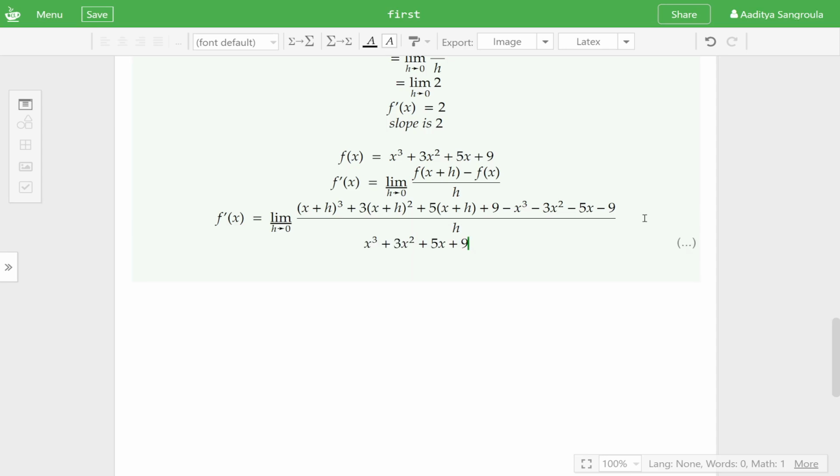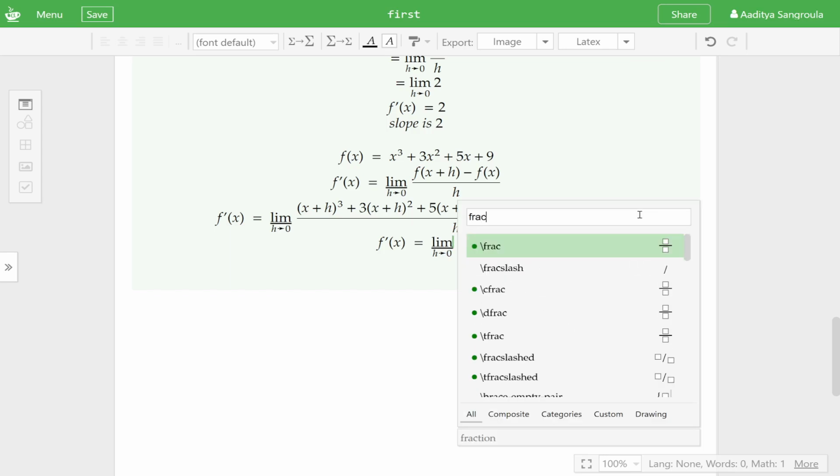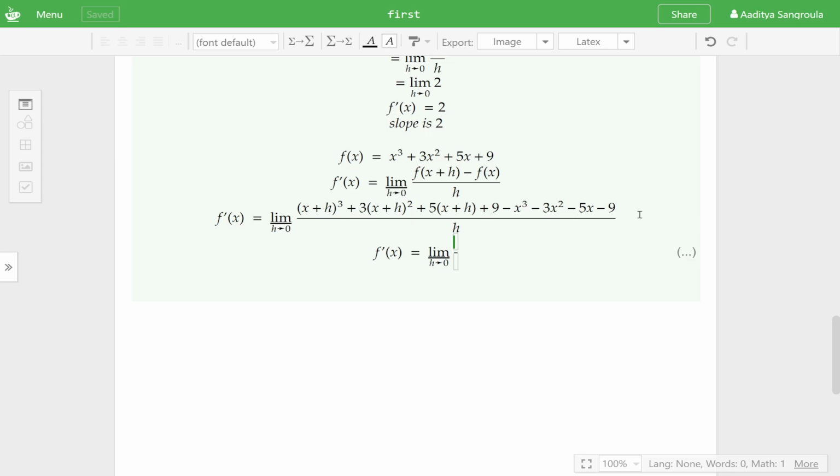And now we can simply say that this thing is equal to (x plus h) whole cube. Now this is going to be getting a bit lengthy, but we can solve this, that's for sure. Let me do it for you. So let's keep (x plus h) whole cube for the last, because that's going to make the work very dirty.